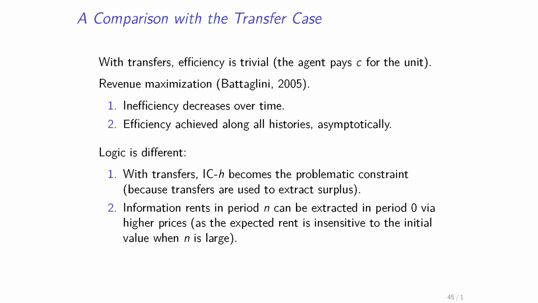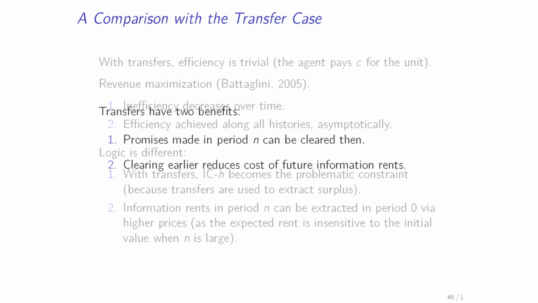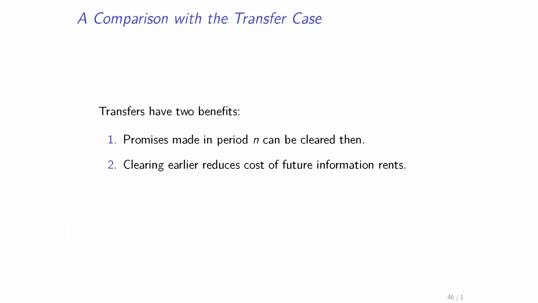So this goes to two different functions, or two different roles, of transfers. If we have transfers, promises that are made in period n can be cleared in period n. That will help us restore efficiency. Moreover, we can clear promises from the very far future at the very beginning, and this allows us to extract information very far in the future, which helps us increase the revenues.